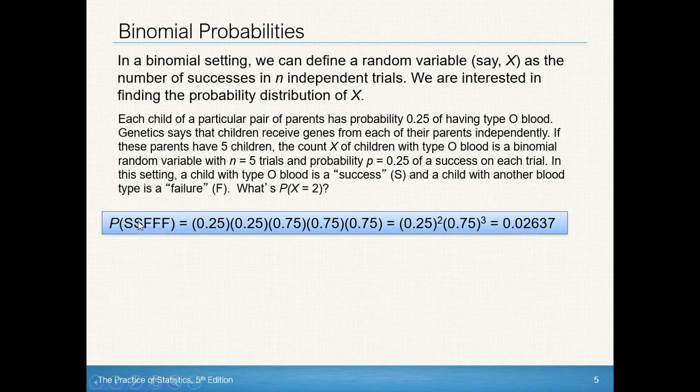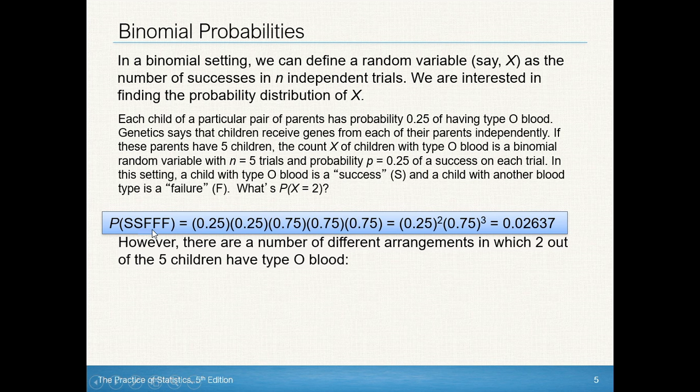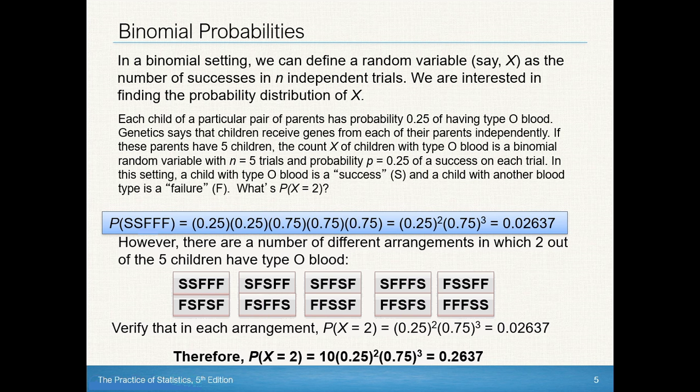But it might not be the first 2 kids that have type O blood. It might be a different 2 kids. In fact, I see that there are 10 different ways to arrange these 2 successes in here.